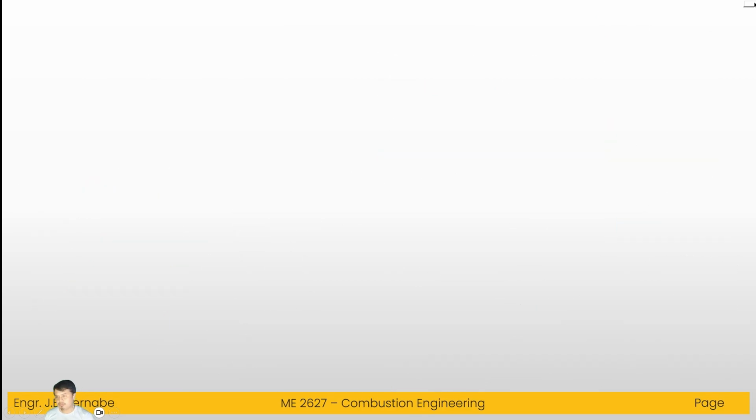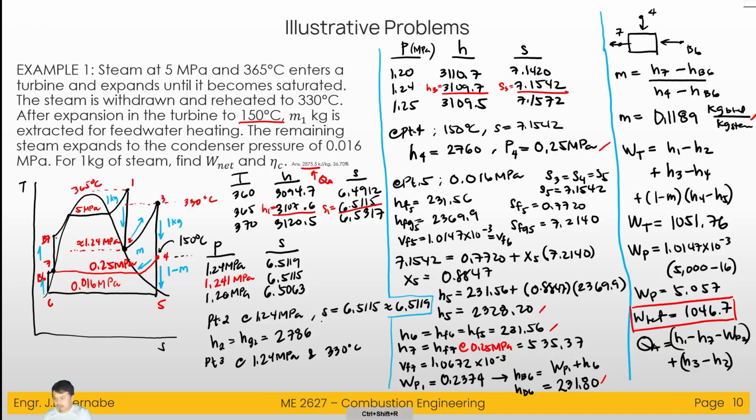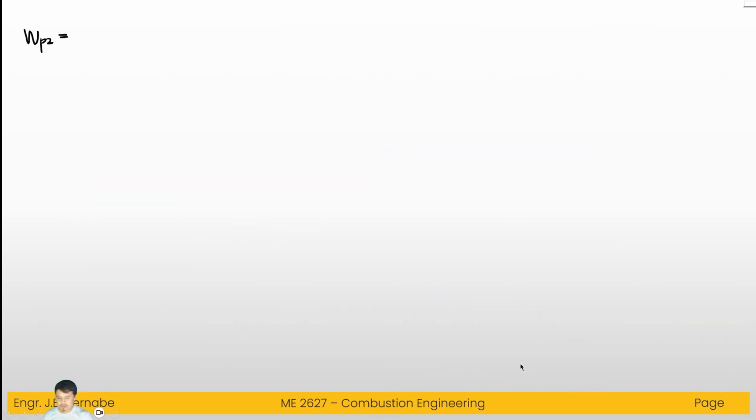So let's solve for pump work 2. This is the stage from 7 to B7. We need the entry specific volume and the pressure difference. The entry specific volume is VF7, which we already got, 1.0672 times 10 to the negative 3.